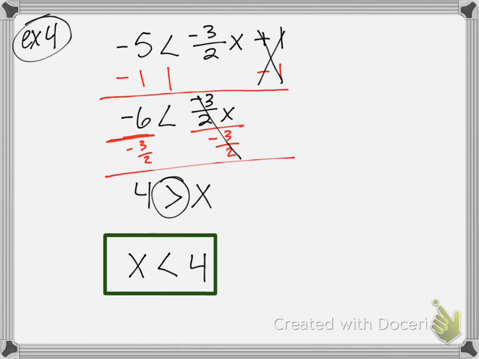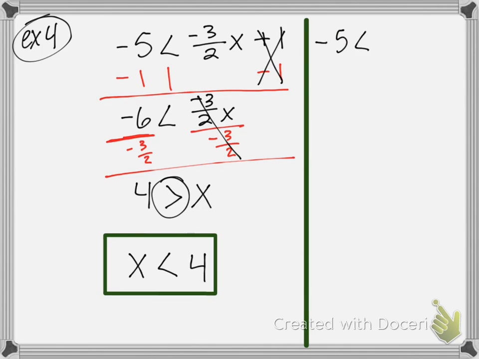Okay, let me do it the other way. If you decided to do it the other way, with a negative 5 is less than negative 3 over 2x plus 1. So I'm going to move this negative 3 over 2x on the other side. Since it's minus, I'm going to go ahead and add 3 over 2x. Right, so I can't do the negative 5 and the 3 over 2 because the 5 doesn't have the x, so I'm just going to keep them separate.